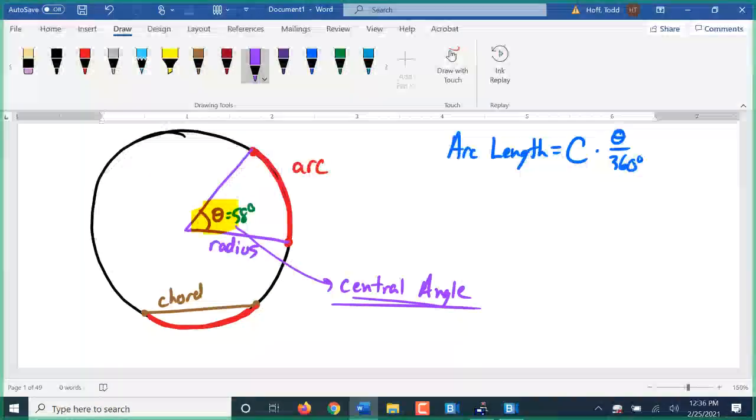The arc, sometimes referred to as an intercepted arc, because it is cut or intercepted by that central angle, since its size is determined by the central angle, we can just describe it in that term. We can say it's a 58-degree arc.